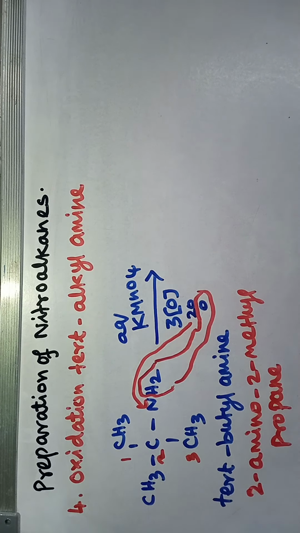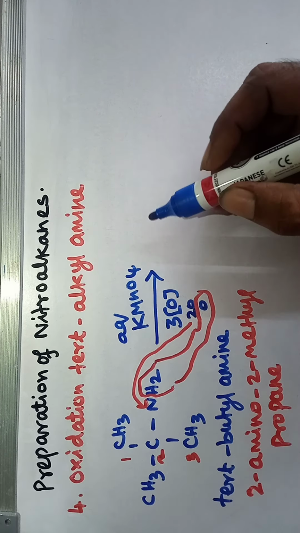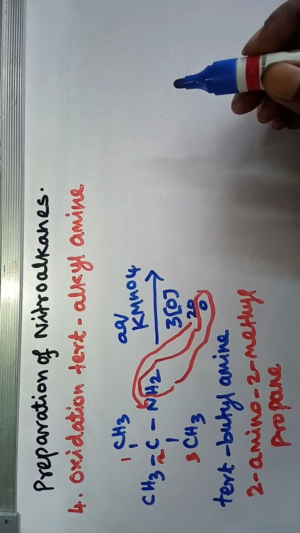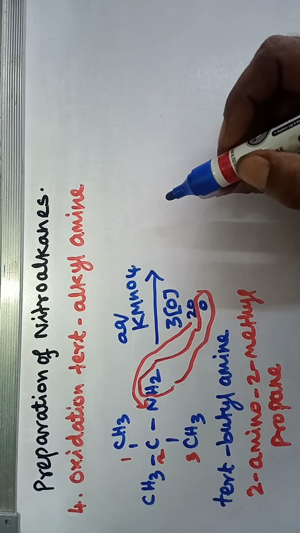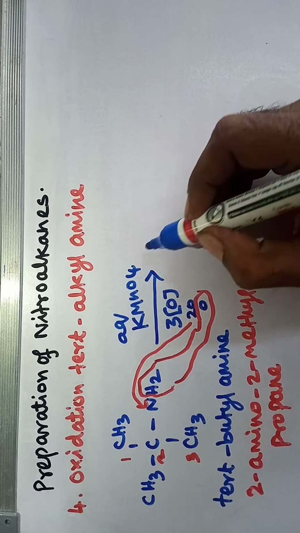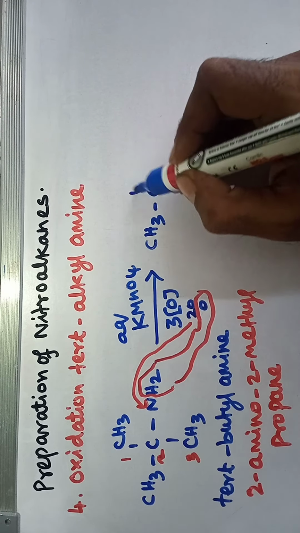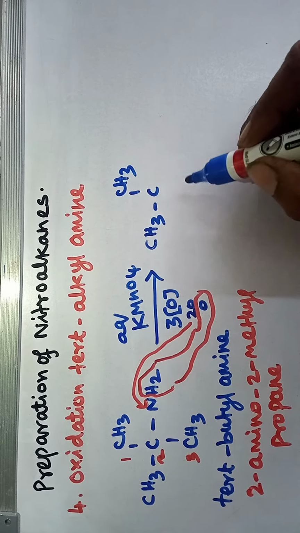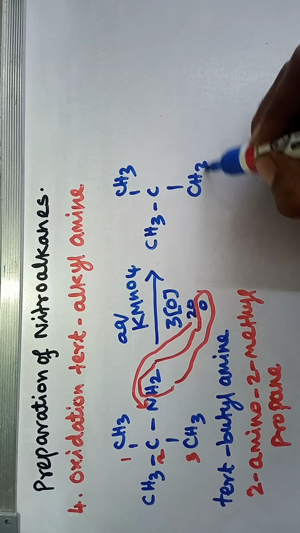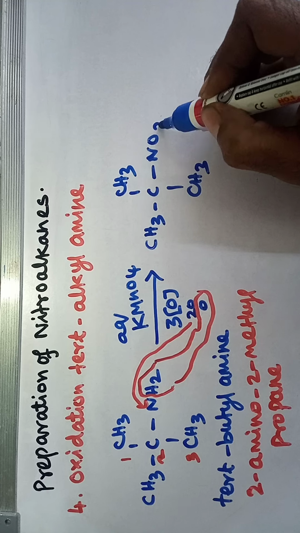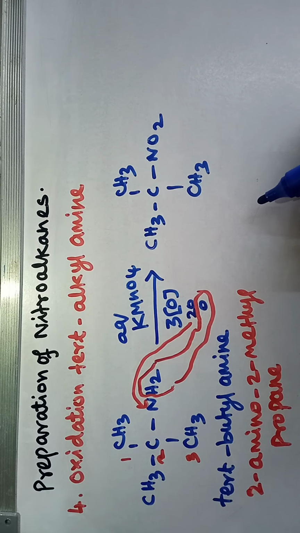What is oxidation? Oxidation is nothing but addition of oxygen or removal of hydrogen. It gives CH3, CH3, CH3, NO2. This is the tertiary nitroalkane.